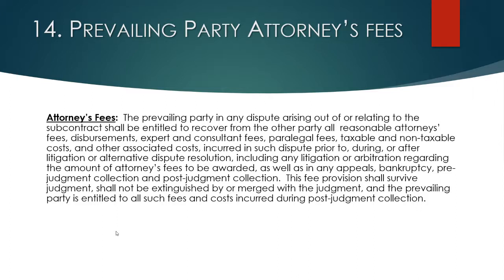Oftentimes, even after a trial, you have to show your entitlement to fees, and then you have to have litigation about whether the amount of the fees that you're claiming are reasonable. And those aren't normally recoverable unless they say specifically in your contract that they are recoverable. And this type of provision covers that. This also covers fees for appeals, for bankruptcy, and even for post-judgment collection.